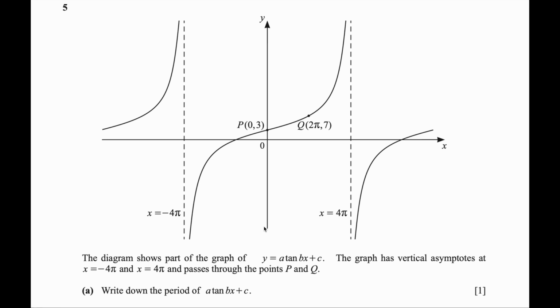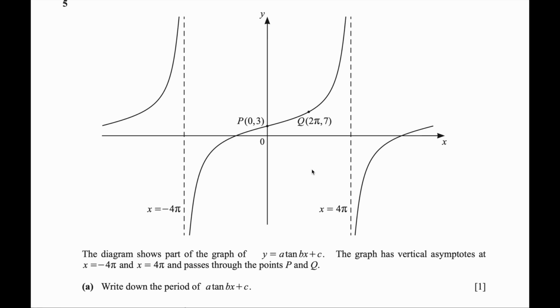Question number 5. I'm given a diagram which is showing the graph of y equals a tan bx plus c. I'm also given a point Q which lies on this tangent curve. And as you can see, I have two asymptotes. So this branch is bounded between these two.